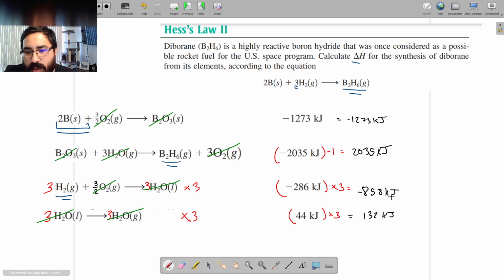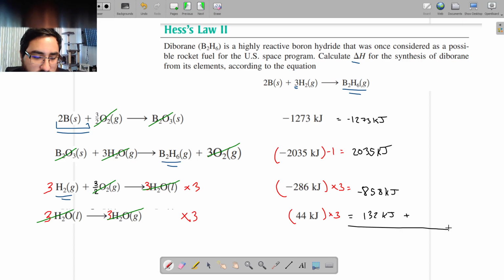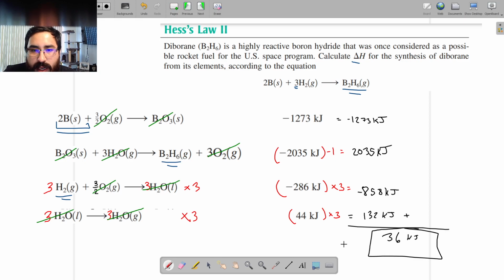Once we check that all the units are the same, let's add these all up. So let's start off. We got negative 1,273 plus 2,035 minus 858 plus 132. And we end up getting 36 kilojoules. And this right here is our delta H.